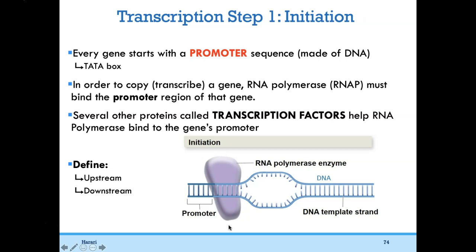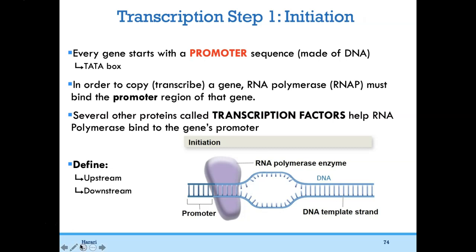So RNA polymerase is going to transcribe the DNA message into an RNA message. And again, this starts at the promoter, which is the beginning of every gene. Every gene has its own promoter. This is very important. Make sure you understand what a promoter is.